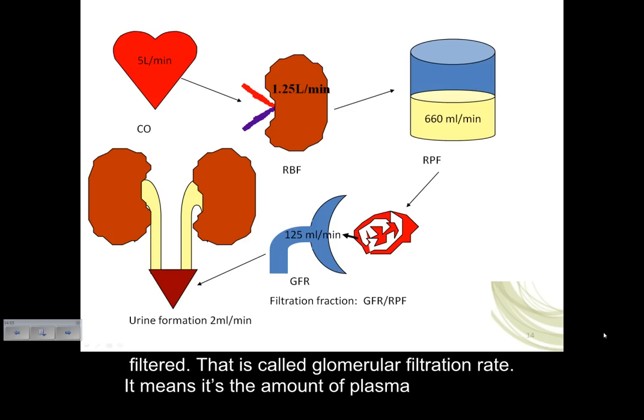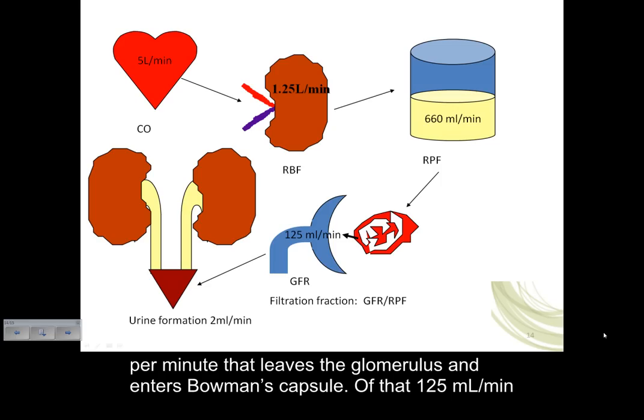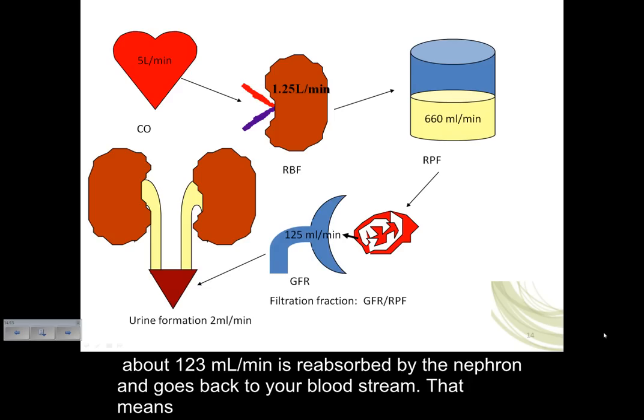And that 20% means that roughly 125 milliliters of your plasma is being filtered. That is called glomerular filtration rate. It means it's the amount of plasma per minute that leaves the glomerulus and enters Bowman's capsule.